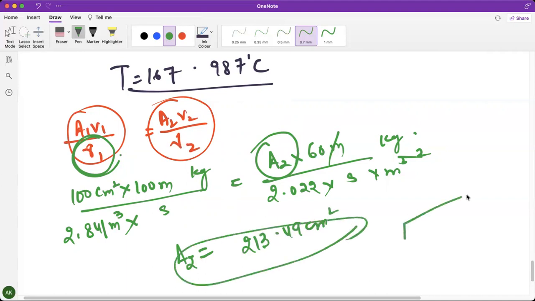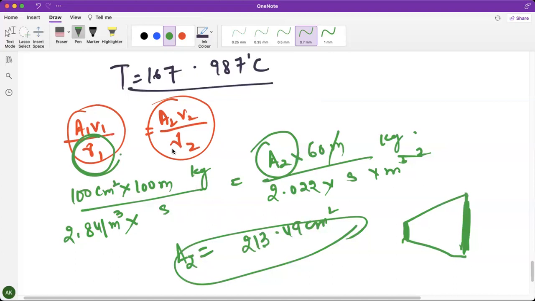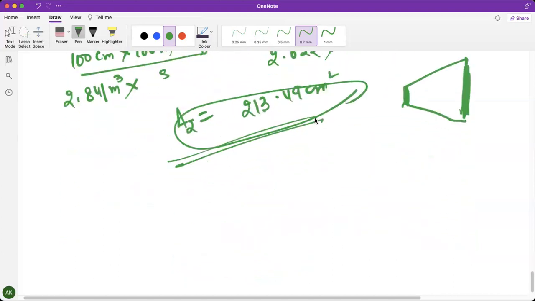So it is this kind of a diffuser, where the inlet area is smaller and outlet area is larger. Anyway, this is the outlet area which we have found out. Okay, so with this, we finish with the question.